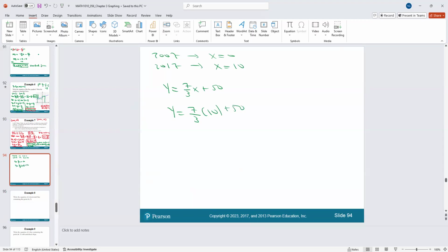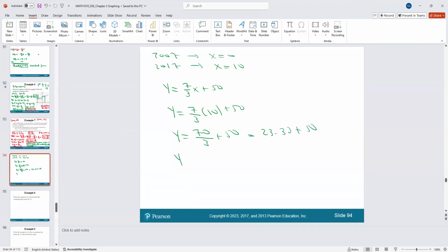This gives you y equals 70 over 3 plus 50. Now, 70 divided by 3 gives you 23.33, plus 50.